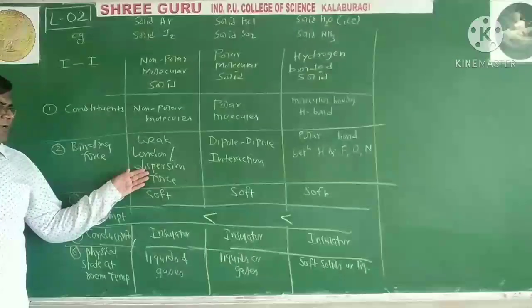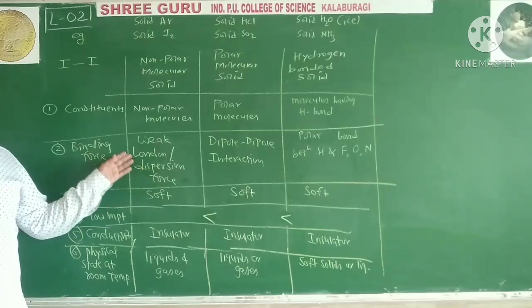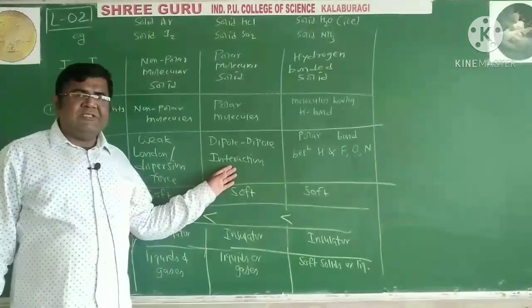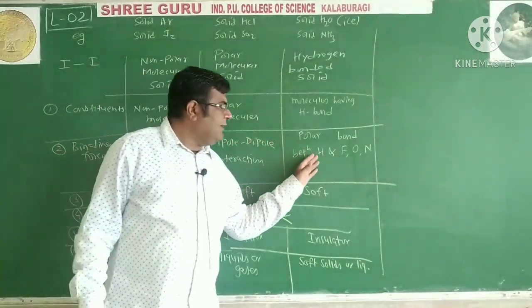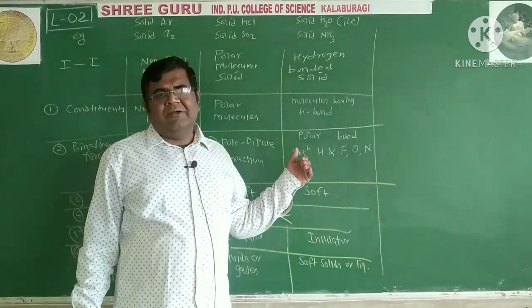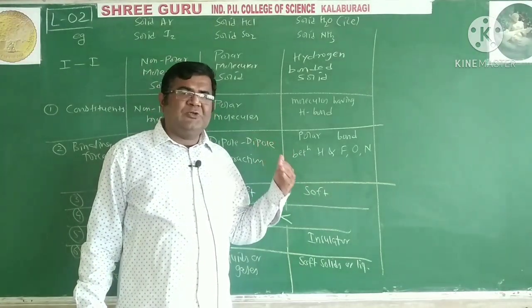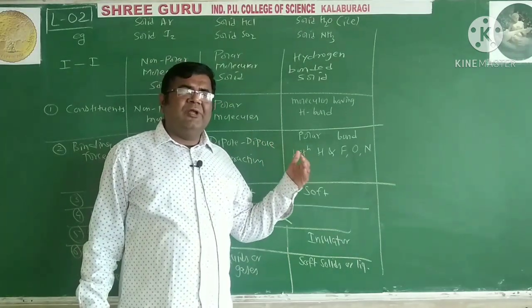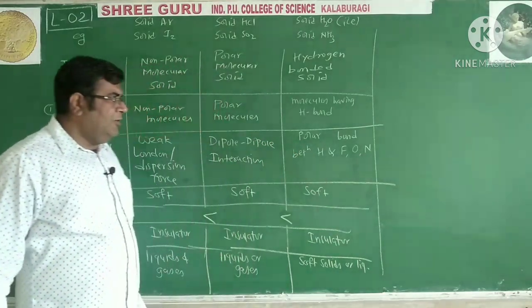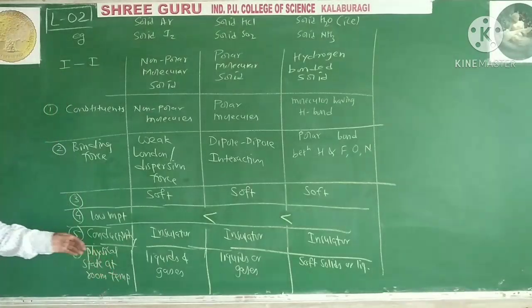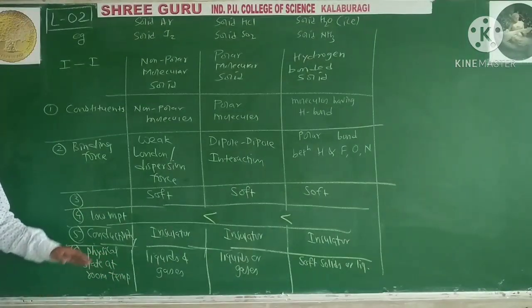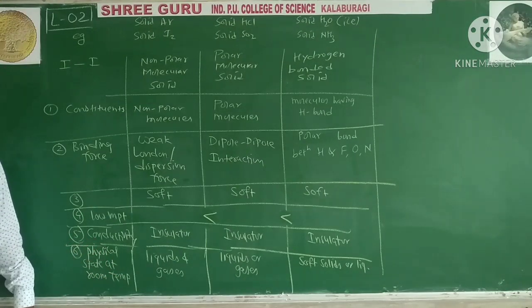This London force is the weakest force. Dipole-dipole interaction is stronger than that. Hydrogen bond is nothing but stronger dipole-dipole interaction, because hydrogen is least electronegative, and oxygen, fluorine and nitrogen are more electronegative. And then these properties. So this is about the molecular crystalline solid.